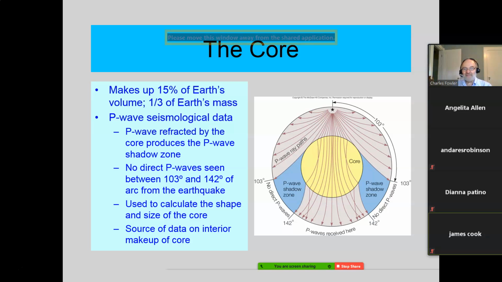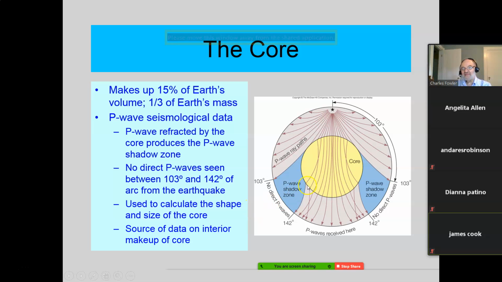We've never drilled down to find out. We can't drill down to find out, okay? Just impossible, okay? Now, these data, matching them with the models, that is used to calculate the shape and the size of the core. This is the source of data on the interior makeup of the core.